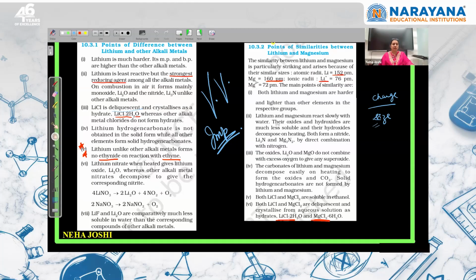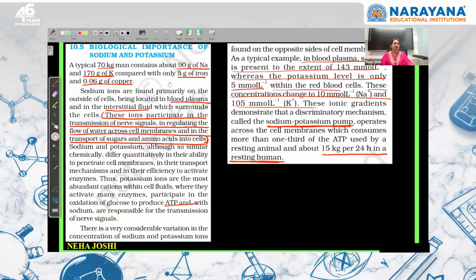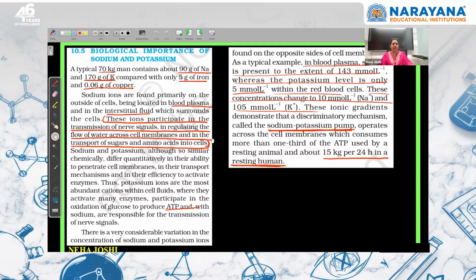Okay? Is that clear? Coming to last is the biological importance of sodium and potassium. I have already underlined the points that you need to just have some idea. Magnesium is basically acting in ATP functioning, adenosine triphosphate functioning. Okay? Sodium is having its very important functioning.